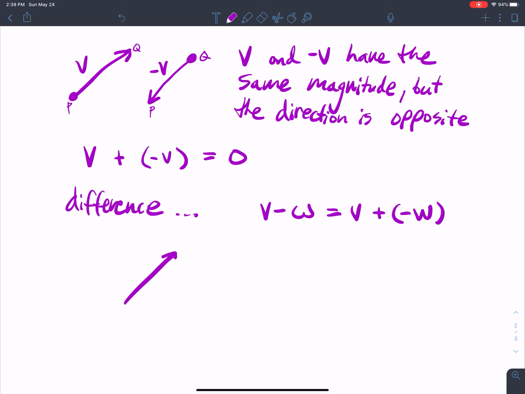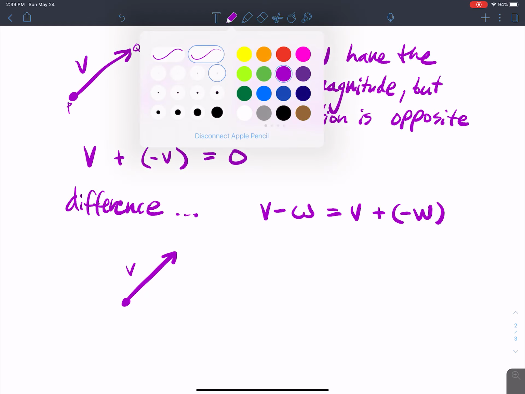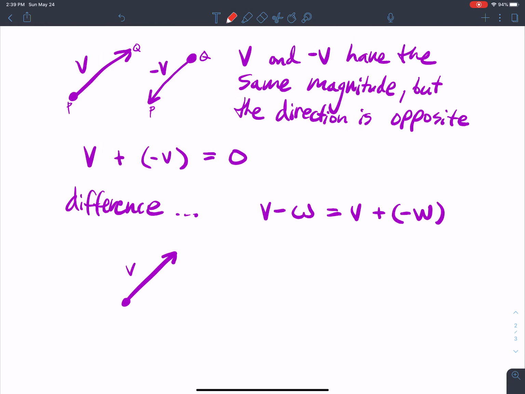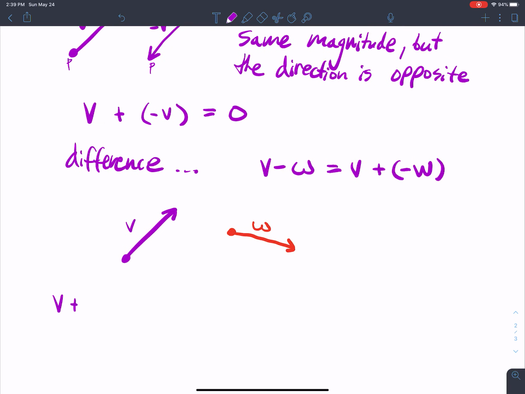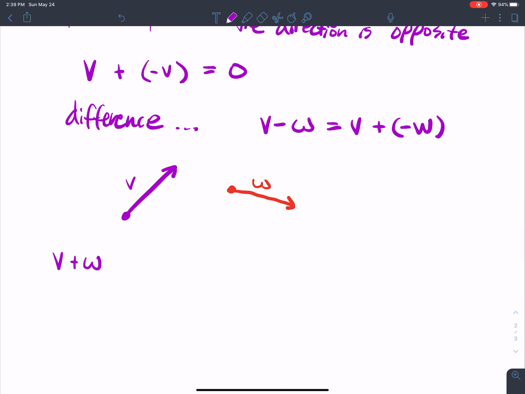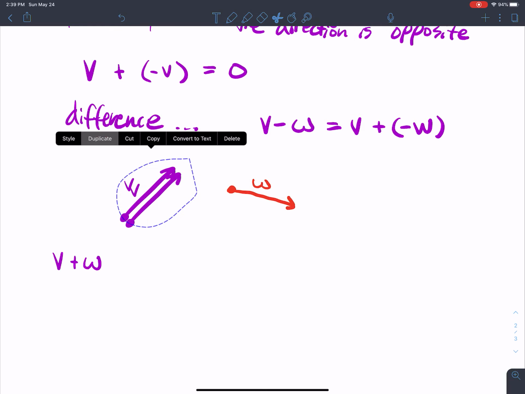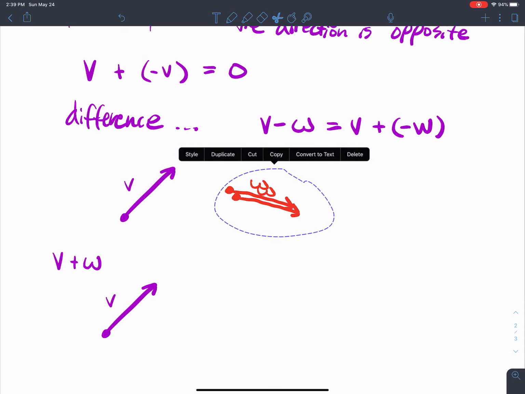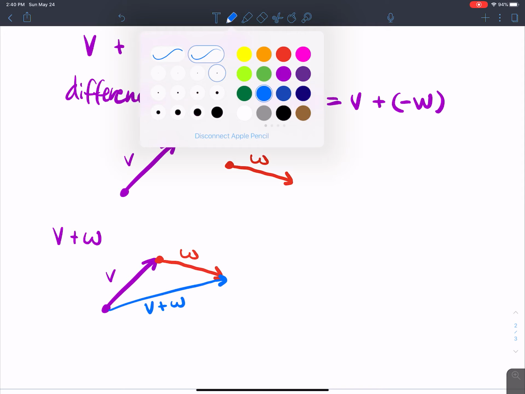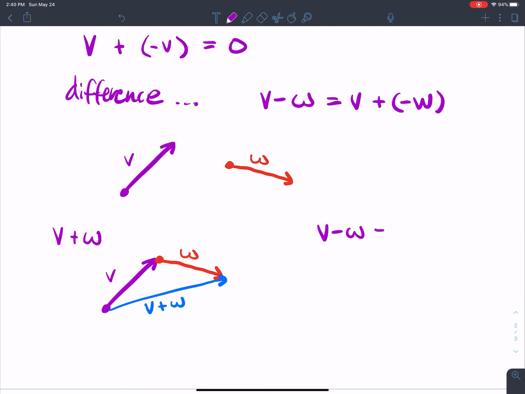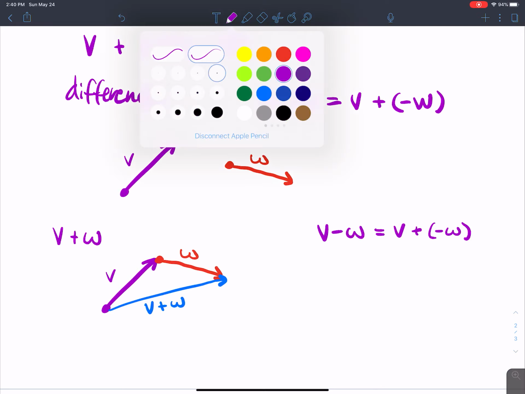If I have some V like this, and then some W like this, now to do V plus W, that would look like this here, and I would get V plus W. But say I did V minus W, that's V plus negative W. Well, what does negative W look like?